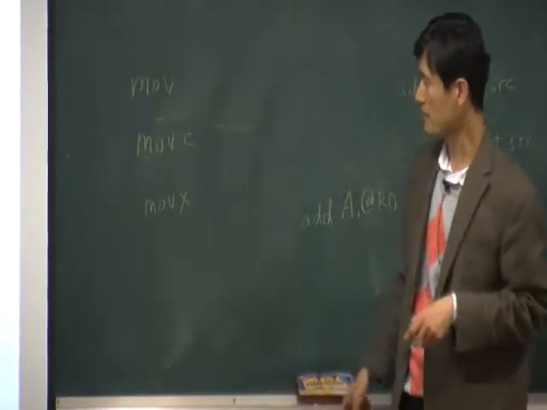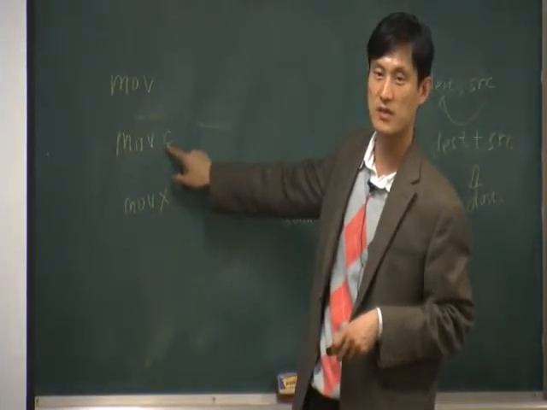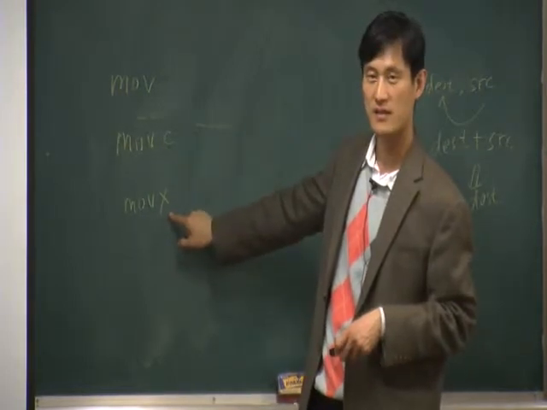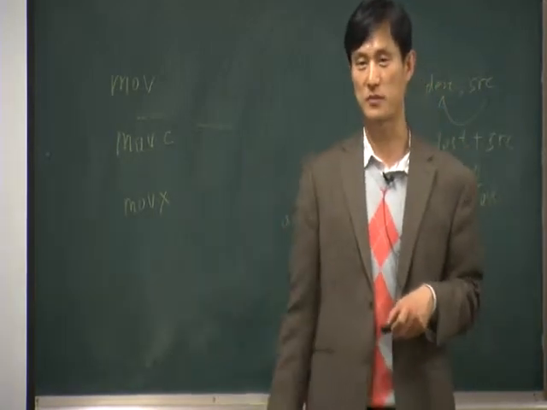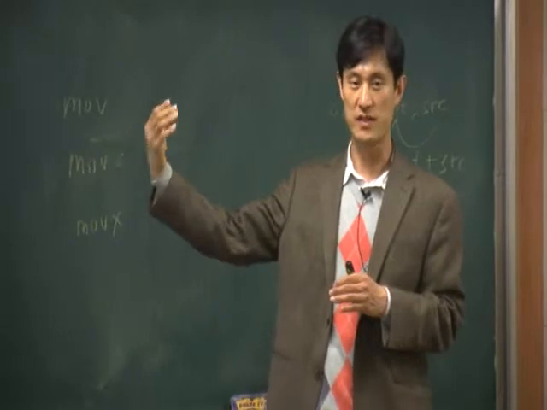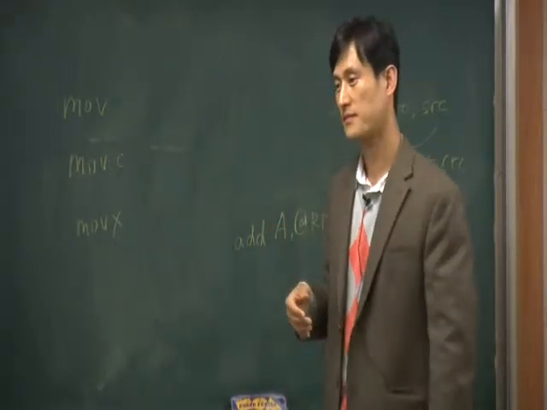MOVC: C means code, so this is code memory access. X means data. MOVX is for accessing the data memory. So if you want to access the code memory, MOVC. If you want to access the data memory, you use MOVX.